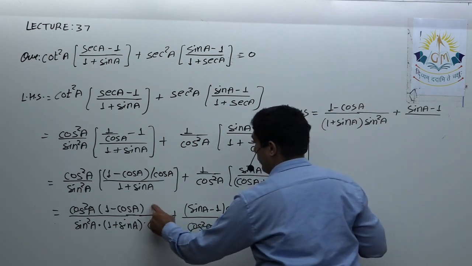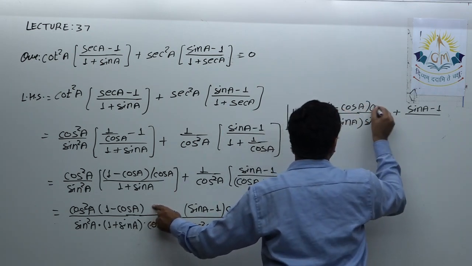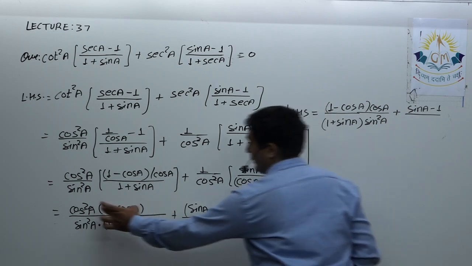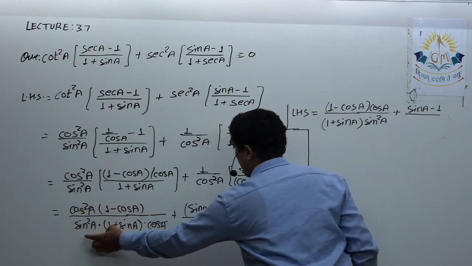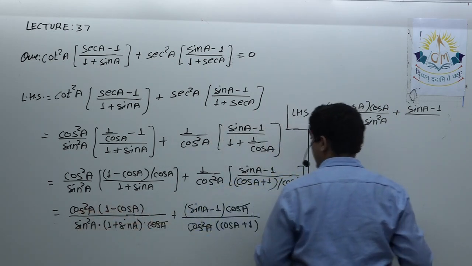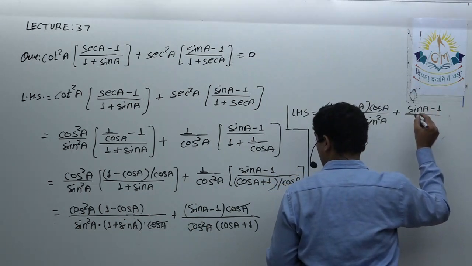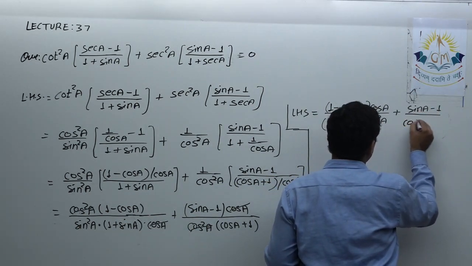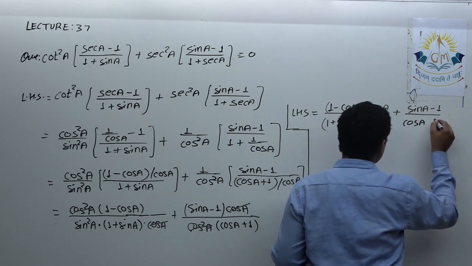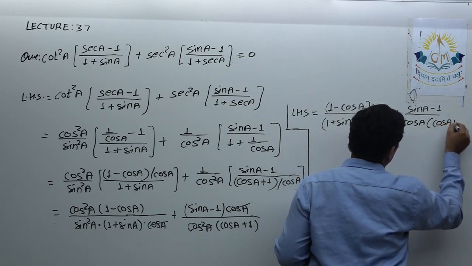Okay, in the numerator over here again we have cos A into 1 minus cos A, sin square A into 1 plus sin A. Over here we have sin A minus 1 upon cos A into cos A plus 1.